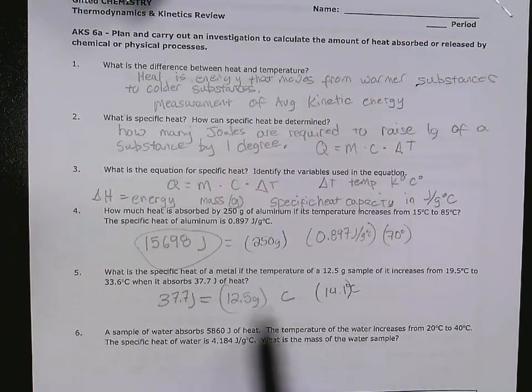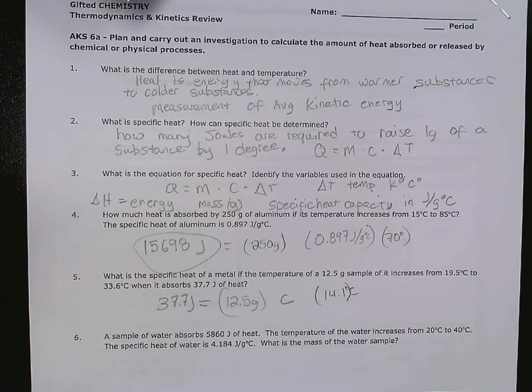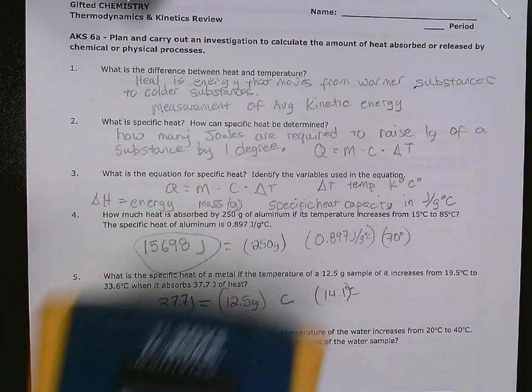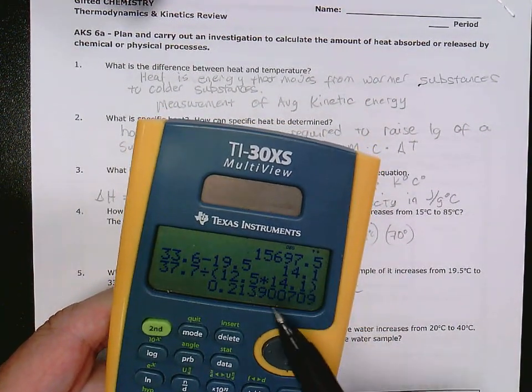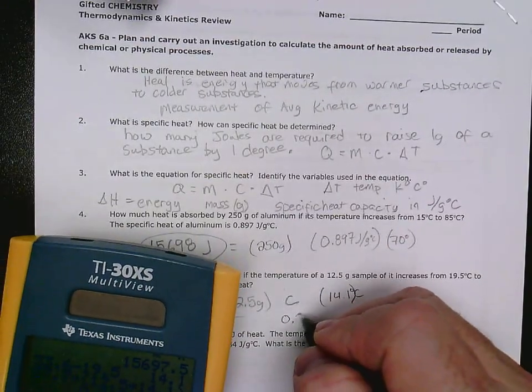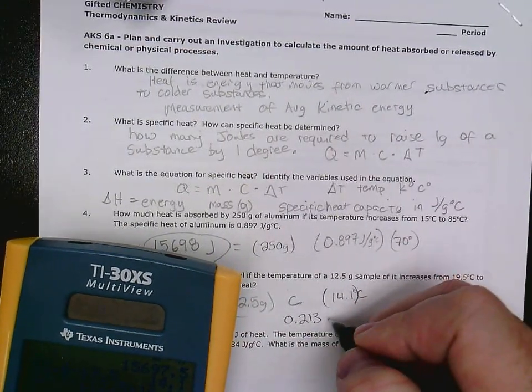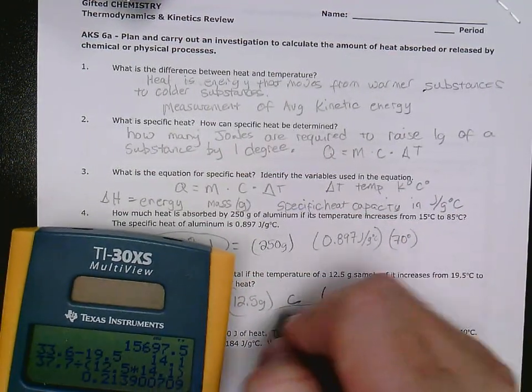So what I have to do is multiply these and divide that answer by that answer. So 37.7 divided by parentheses 12.5 times 14.1 close parentheses. You've got to put stuff in parentheses or it will try and do order of operations for you. So my answer is 0.2139, etc. joules per gram degree centigrade.